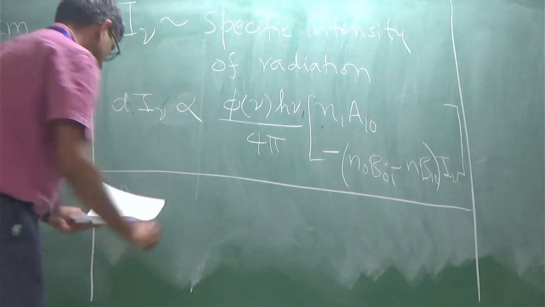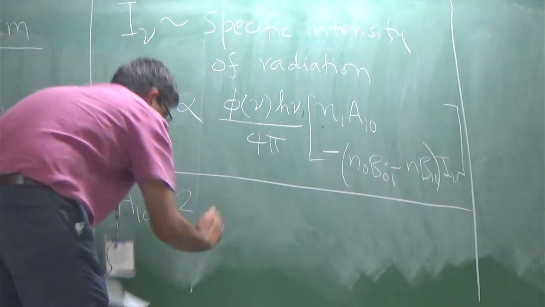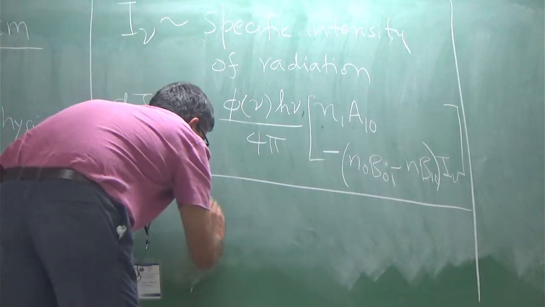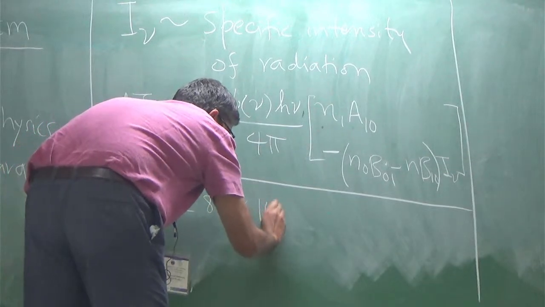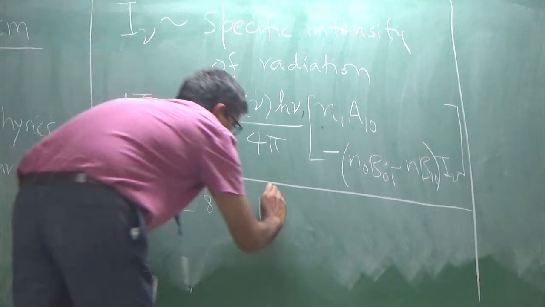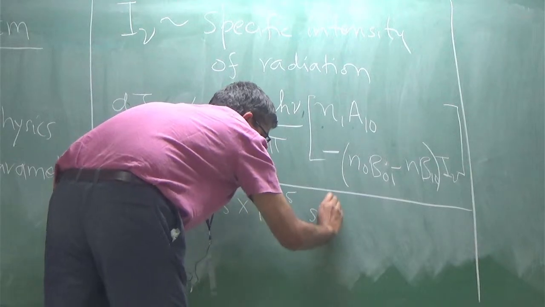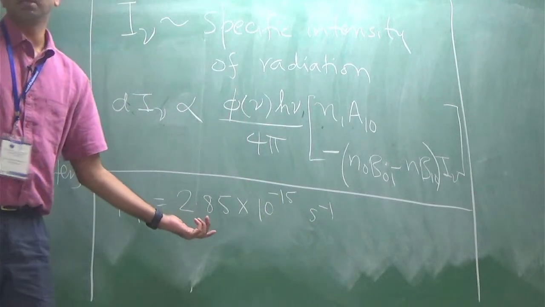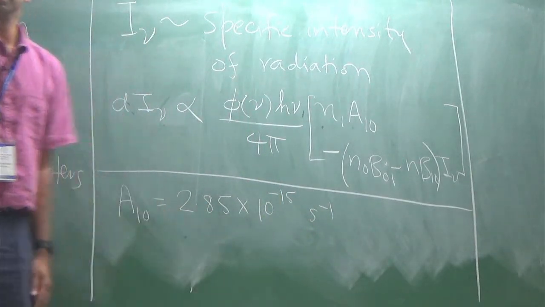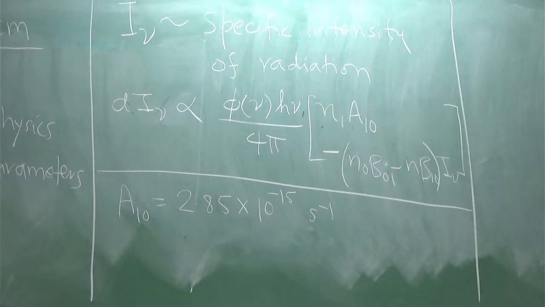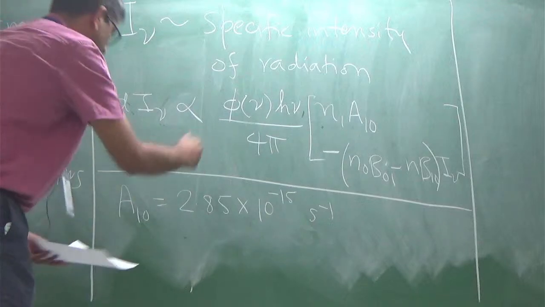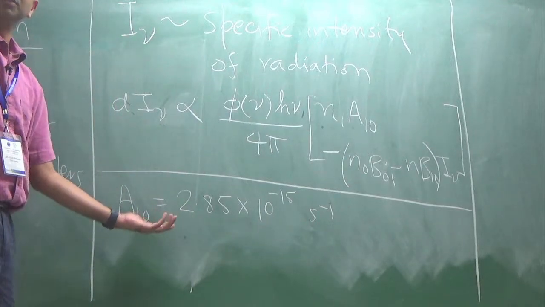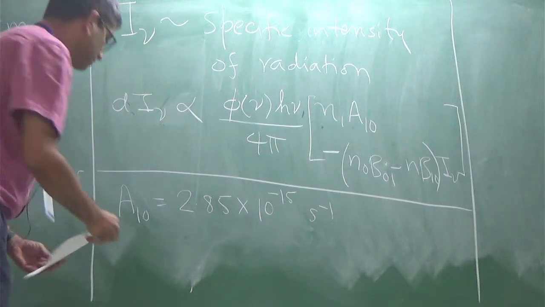So the A10 is the Einstein coefficient, which I think Kanan wrote in the morning, which for 21 centimeter has a very small value. The other extreme in astrophysics is the Lyman alpha, which is, I think, 11, 12 orders of magnitude bigger than this. So this is very weak, which is good, because this is the reason we can hope to see the whole universe in 21 centimeter.